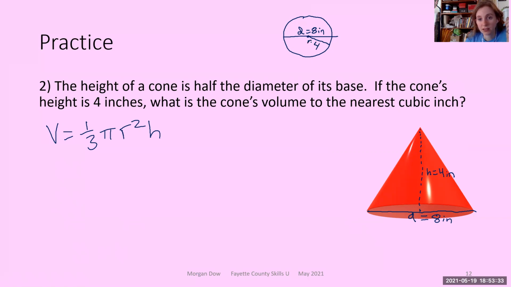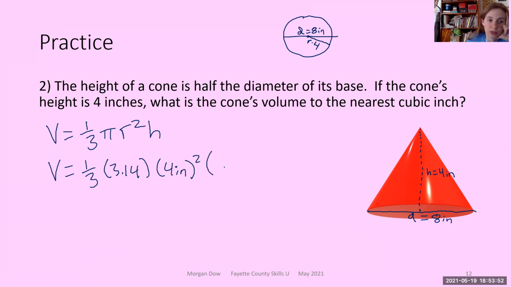So the radius of the base of this cone is 4 inches. So the volume is 1/3 times 3.14 times 4 inches squared times the height, which is 4 inches.